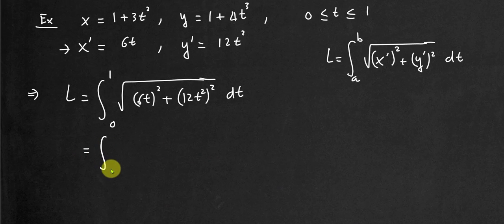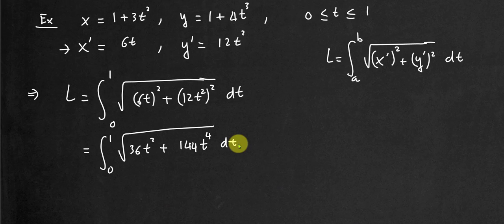And we can simplify this one into the square root of 6 squared is 36t squared, and 12 squared is 144, and then t squared, t to the 4th power. Okay. Now in this case, we can also try to simplify the stuff under the radical. So let's go over here. I have 36t squared, and I know that I can factor out 36t squared, right?